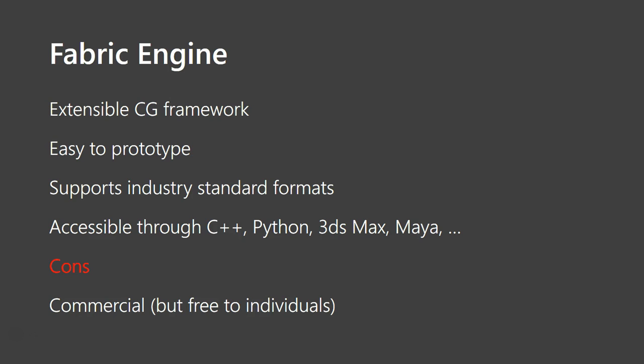So to avoid some of this, I'm using Fabric Engine as a framework to do the pre-processing of my data before moving the data to the machine learning framework I'm using, which in this case is MATLAB. You could use other stuff. And the reasons for using this application is that it's geared towards computer graphics, so it has many of the tools you need to manipulate this type of data, especially the industry standard formats.